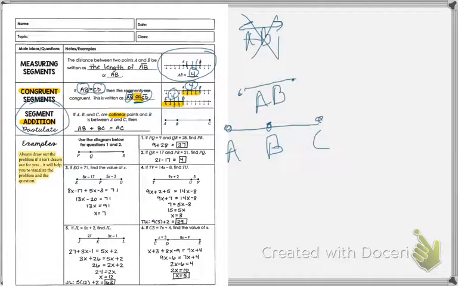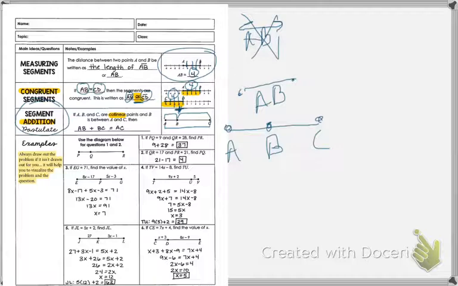So what the segment addition postulate is stating is that if you have this piece right here, and then you have this piece right here, and if you add them together, they will equal the big one. Sounds like common sense, and a lot of kids will say, yeah, that's pretty much it. Like if I have candy, like a Twix, and it's broken, well, if I put it together, it's going to be a whole, right?